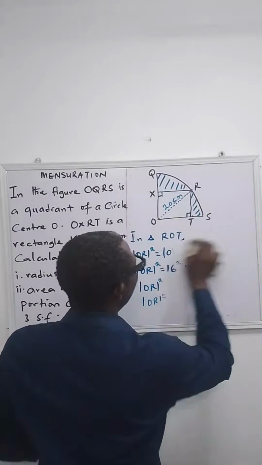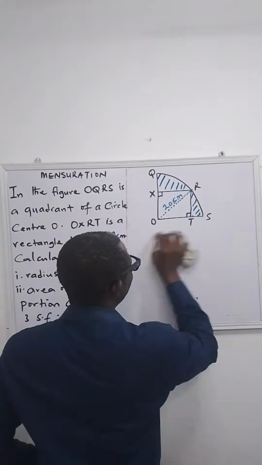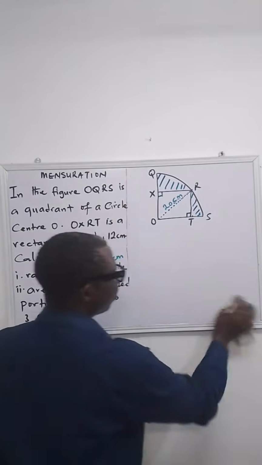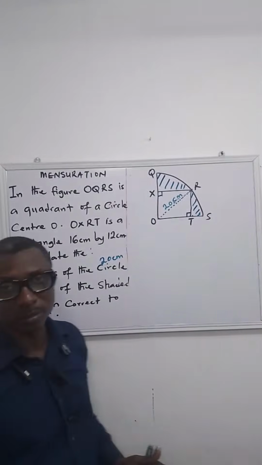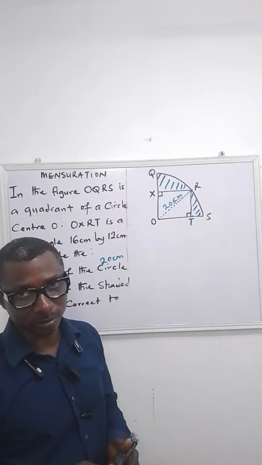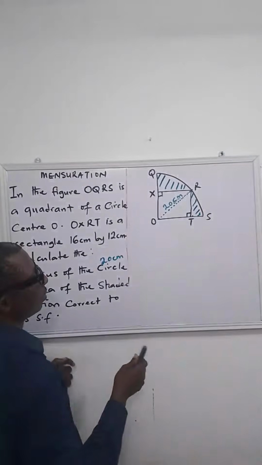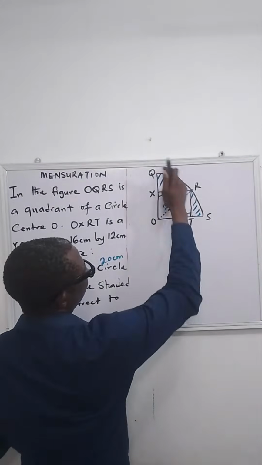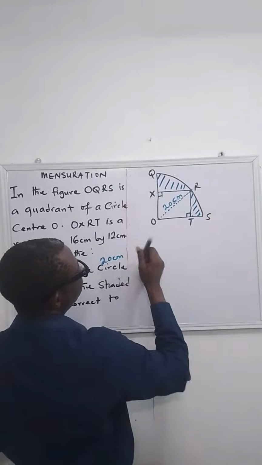So now, what is a quadrant? A quadrant is 1/4 of area of a circle. All right. So now we have this area of everything.